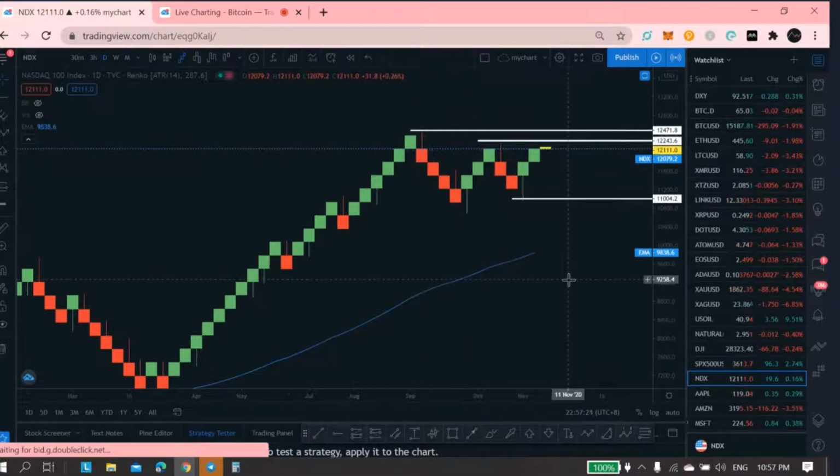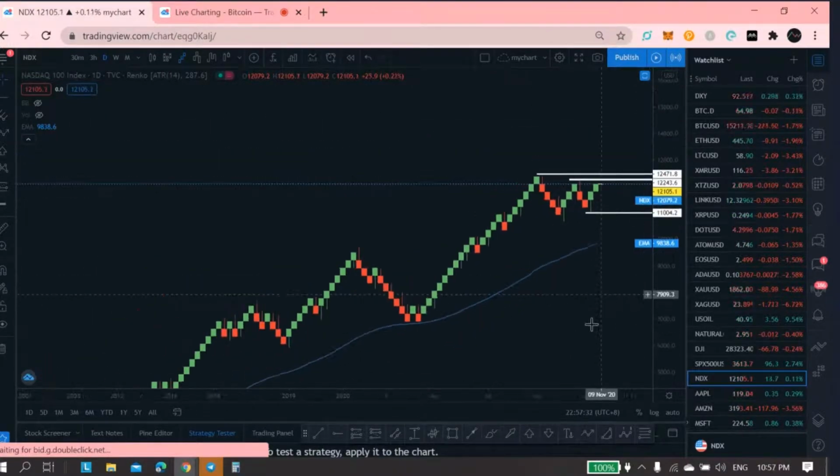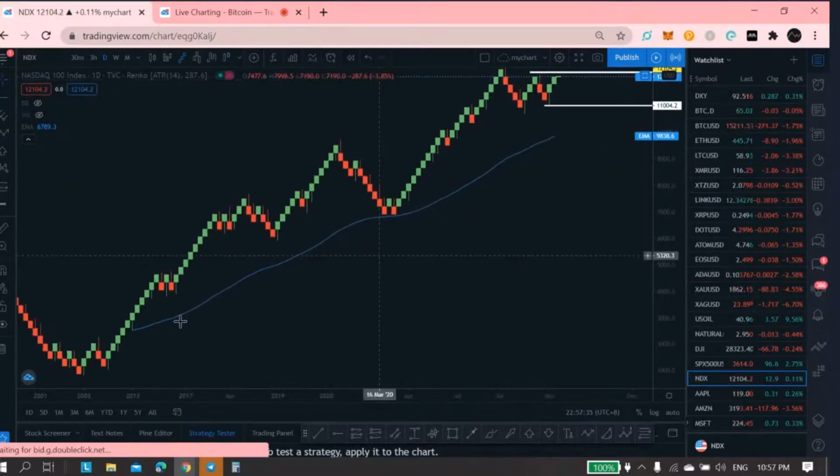So 300 more points before that all-time high again. If you look at it, that's still a bullish one. It actually retested this EMA, but it served as support.